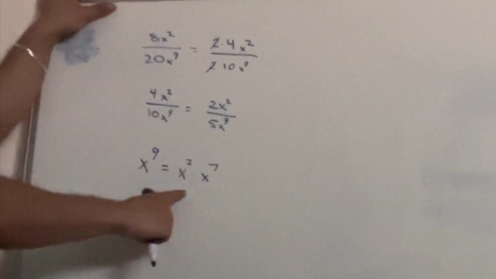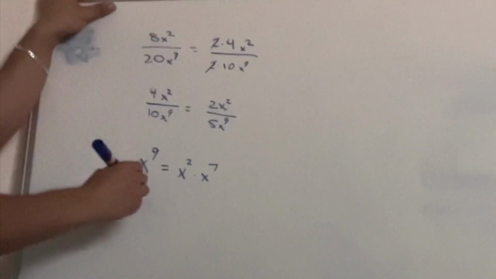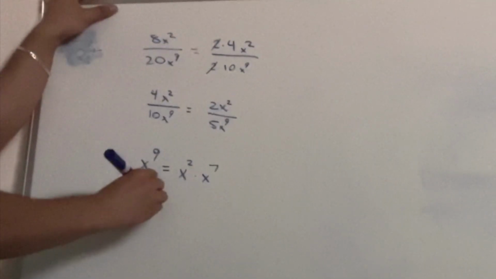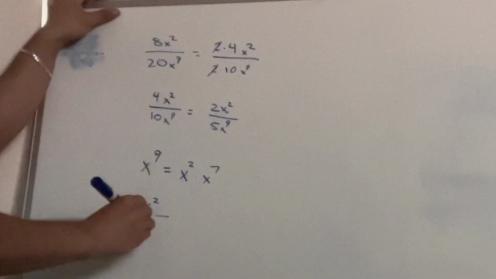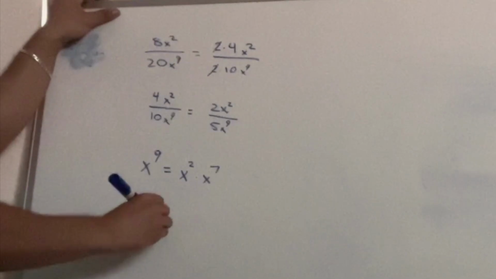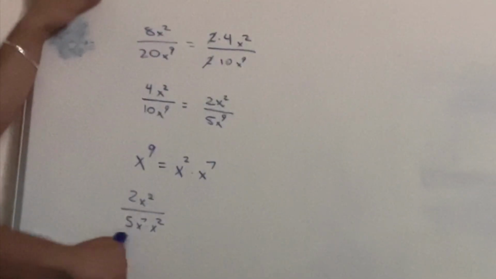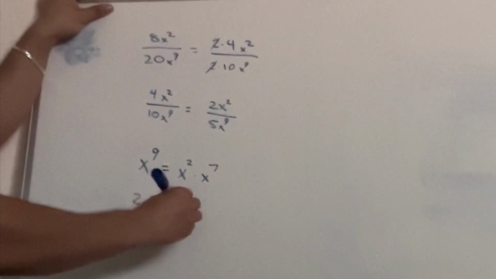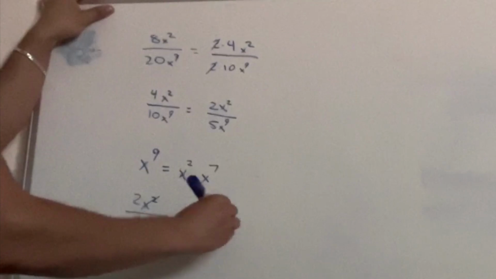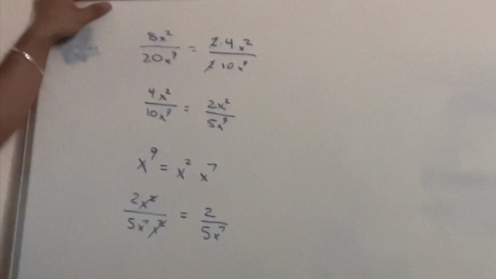Because when you multiply these together, you add their exponents. So we got 2x squared over 5x to the 7th times x squared. We have an x squared on everything on top. We have an x squared being multiplied with everything at the bottom. Cancel, cancel. Now the final answer is going to be 2 over 5x to the 7th. That's the final answer.